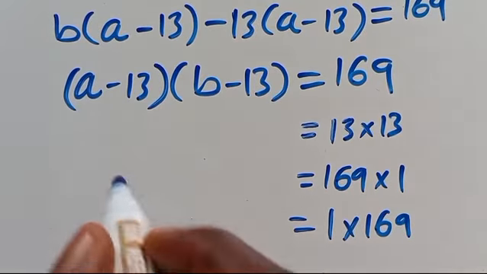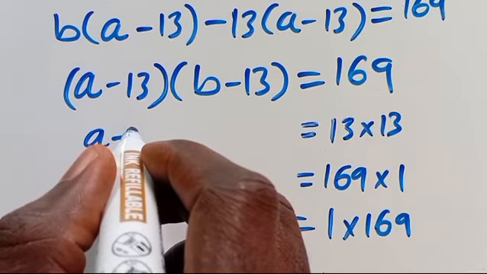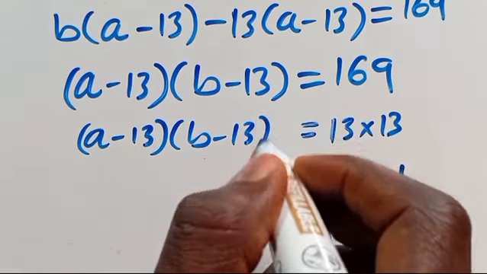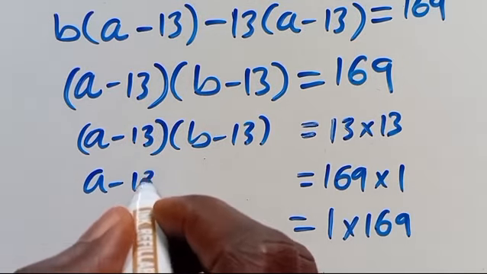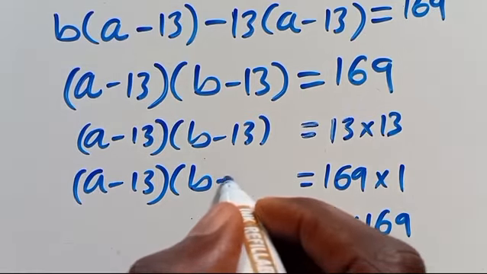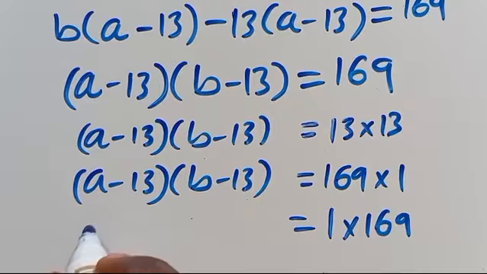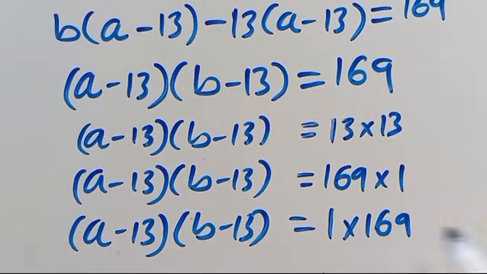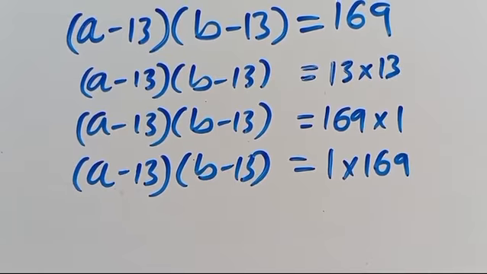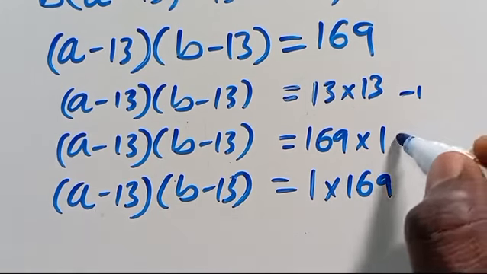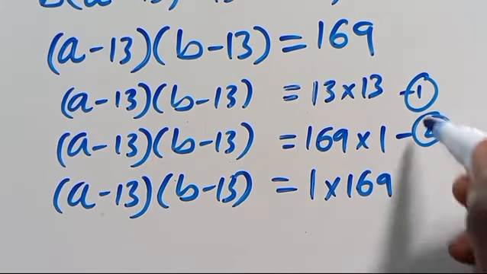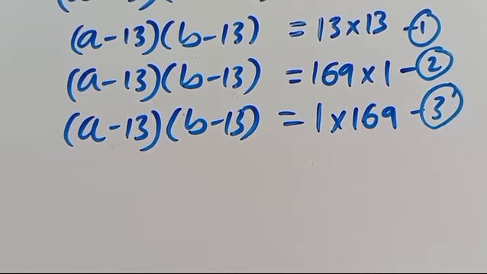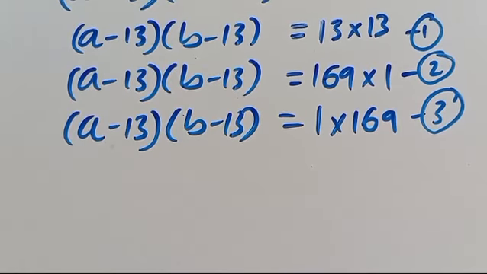Then, making the comparison, we have a minus 13 times b minus 13 equals this. Let's say we have 1, 2, 3 cases.